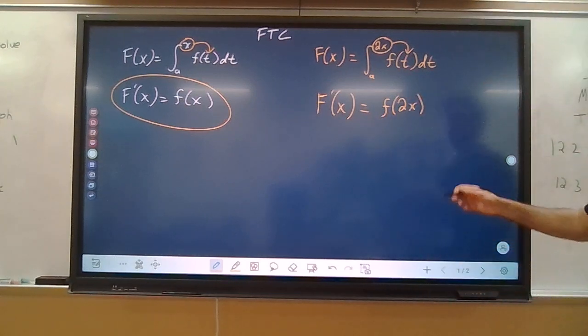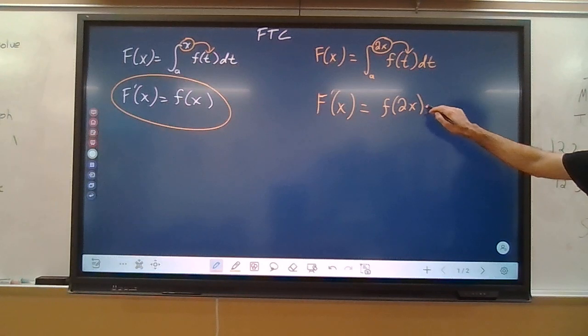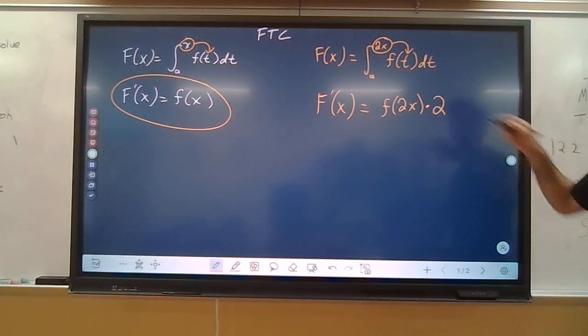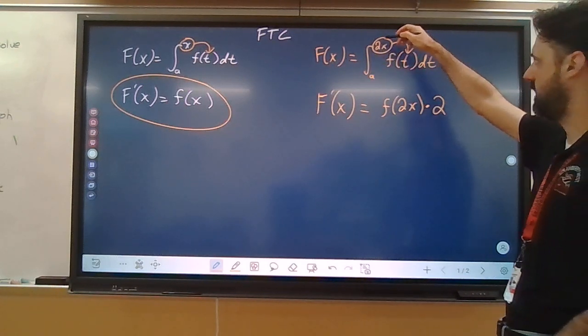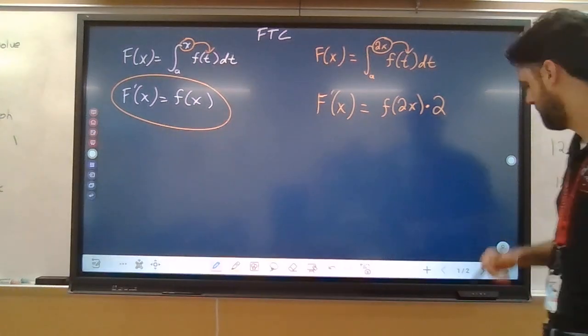The one big difference is we do, after that, multiply by the derivative of the inside, which would be 2. All right, so this is our derivative here if the upper bound is not just x.